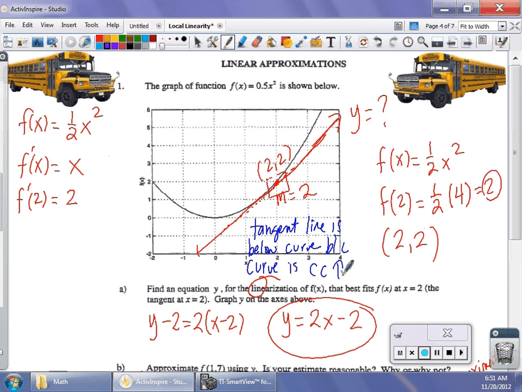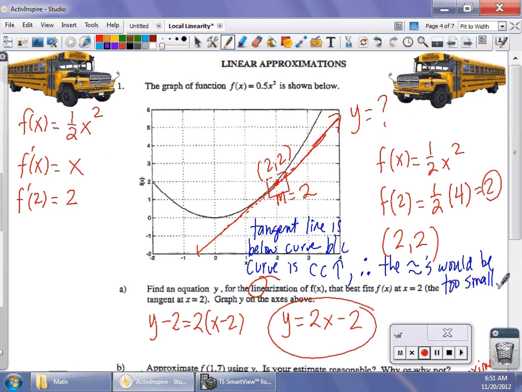If the curve's concave up, the tangent lines are going to be below the curve, which would always mean, so we'll say, therefore, the approximations would be too small.